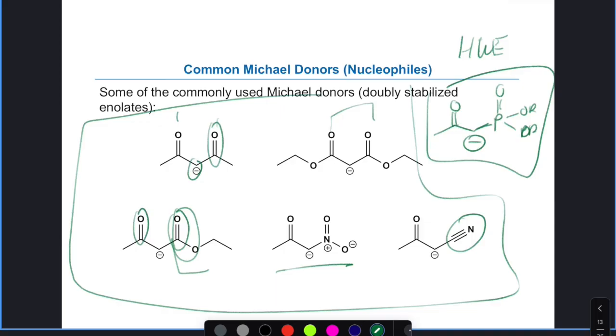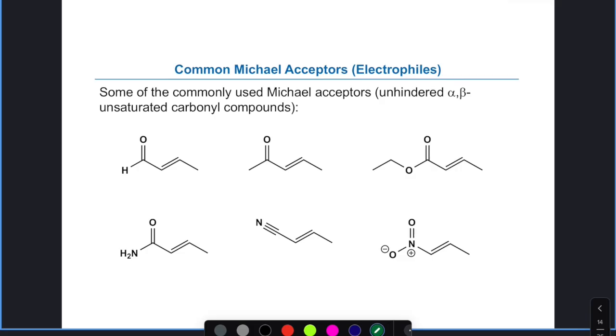Why do we need double stabilization of the nucleophile? It comes back to partly this. When we start to put all these pieces together, there's a number of different permutations that are possible. If I could add to two different centers, here or here, this is like what we talked about with HWE, right?